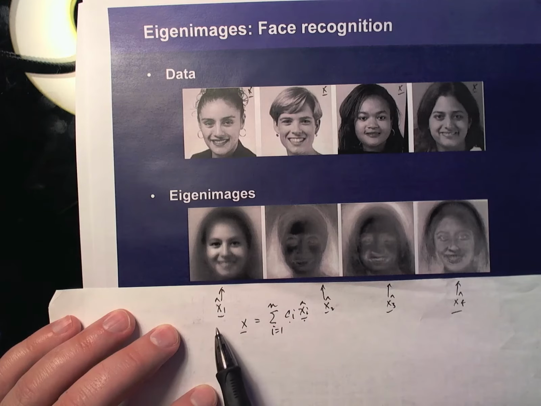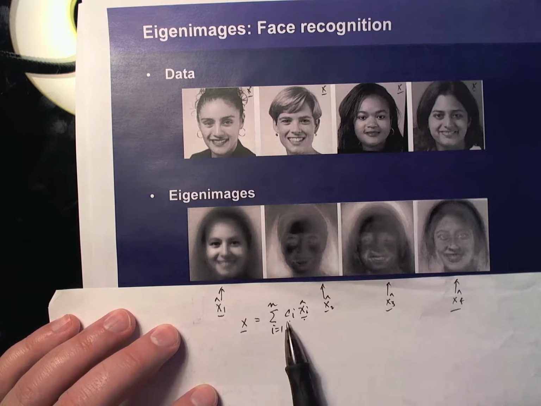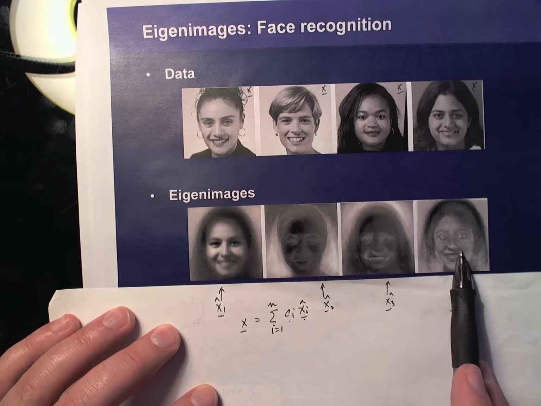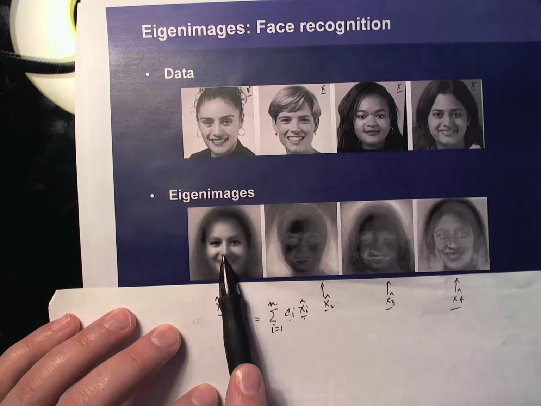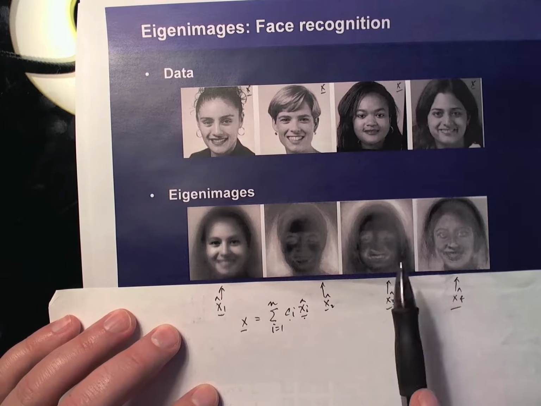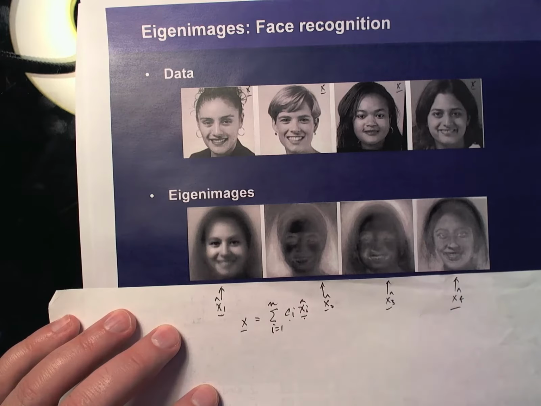So in order to represent one of these people using this approach, I can describe this person by applying coefficients to each of these functions and then summing. So a recipe for making this person might be use 1 of that, use 0.3 of that, use minus 0.4 of that, and so on.